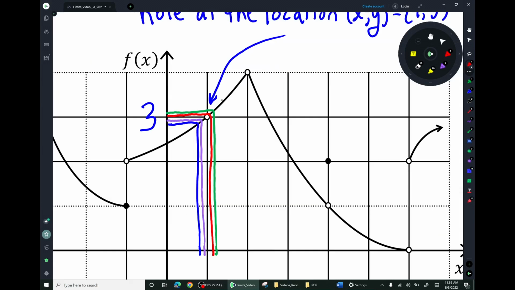Notice that as x gets closer and closer to 1 but not equal to 1, the graph seems to be heading for this location. So that really is what's embodied in that limit symbol, in the idea of limit. The limit encapsulates the trend of the location that the graph seems to be heading for.